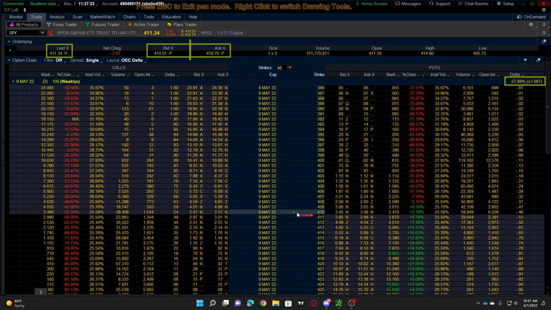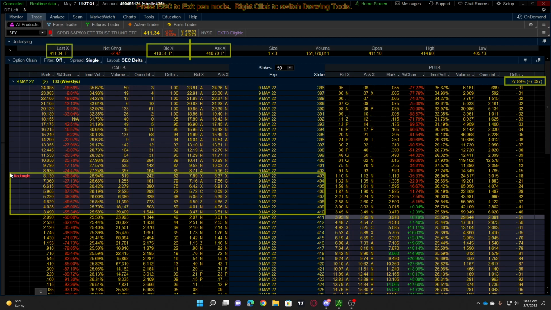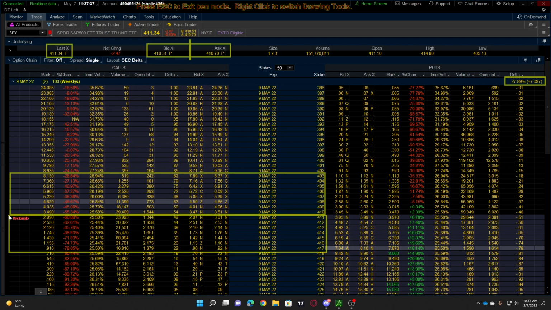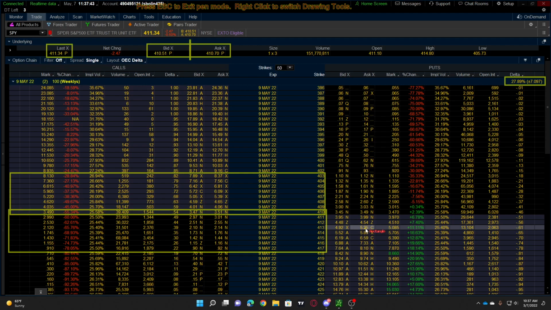So from at the money, we're going to go $7 in one direction, and then we're going to go $7 in the other direction. So that gets us to 403, and then it also gets us to 417. So that's our expected move between now and Monday at the close.